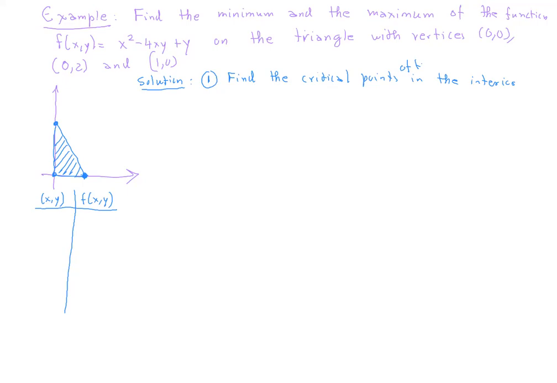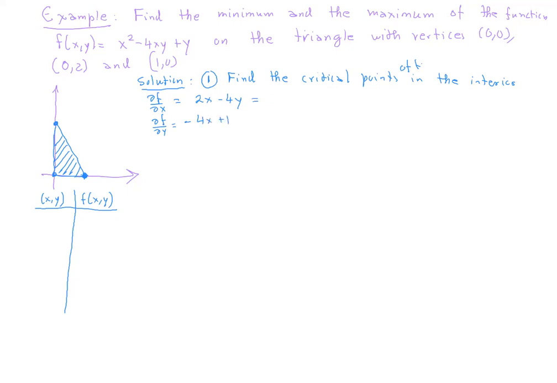So let's find the partial derivatives for f. The partial derivative with respect to x is 2x minus 4y. And the partial derivative with respect to y is equal to minus 4x plus 1.